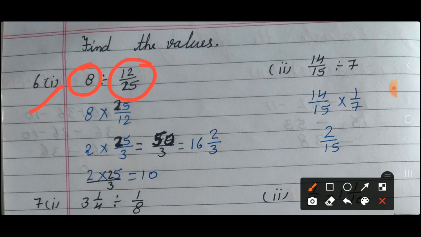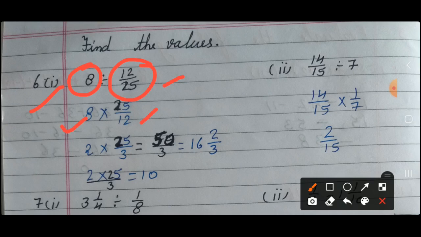The reciprocal of 12 upon 25 is 25 upon 12. So in this first step, we multiply the dividend by the reciprocal of the divisor, 25 upon 12.